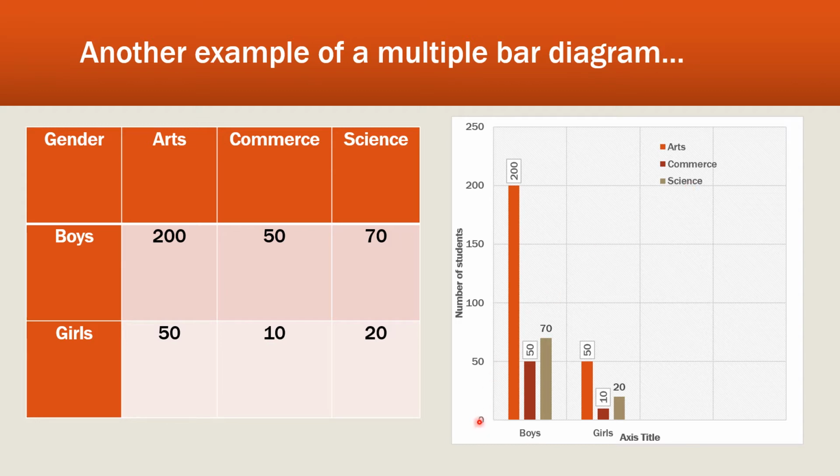So you have the number of students plotted on the y-axis. There is another way you could represent this table, and that would be to represent these three streams on the x-axis and have two bars, one for boys and one for girls. So here you would have arts, commerce and science, and two bars, one to represent boys and the other to represent girls. That's another way you could draw these multiple bar diagrams.